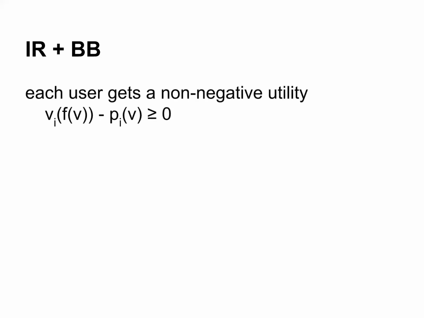By itself, individual rationality is not too complicated. How about making the mechanism individually rational and budget balanced? So the users just redistribute the money between themselves, but they all have to be happy.